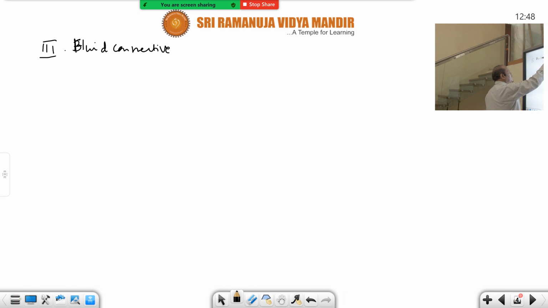Fluid connective tissues are two types, blood and lymph. Already in the body fluids we have completed, need not be repeated again and again. These two are the fluid connective tissues.